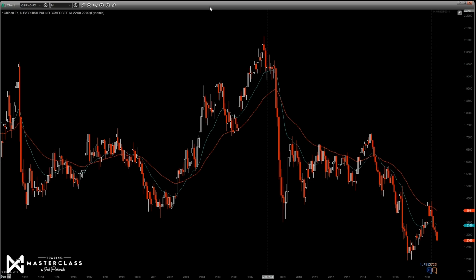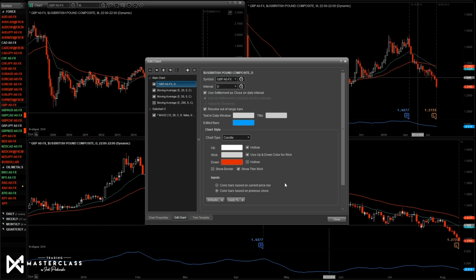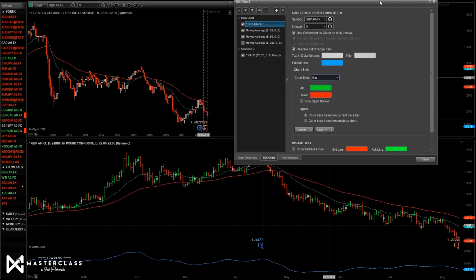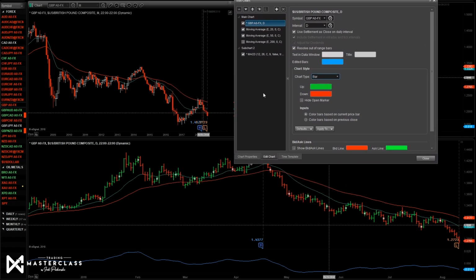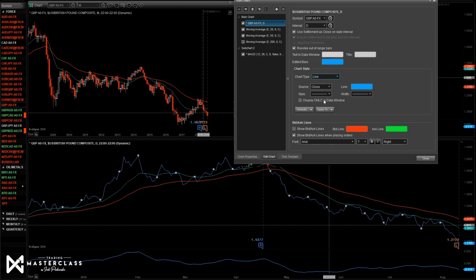Now there are many different ways that one can calculate price. If we click on this, under charting types, there are candles. There are bars, which look a little bit weird, but some people are going to prefer bars. To me, I find that they're a little bit harder to read, and I'll show you how to read them. You can use histograms, but it's not going to be very relevant in the way we trade. There's a line, which you can also use, but it's not going to give us as much detail as required.